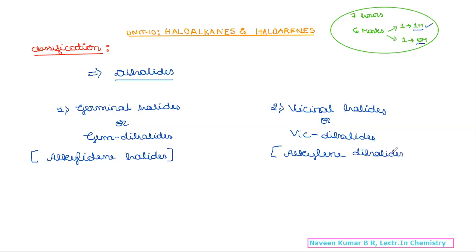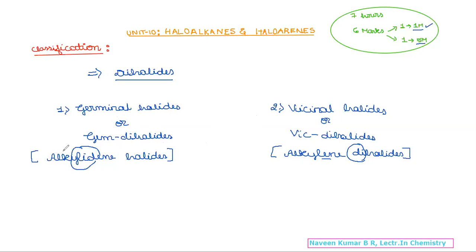So this is the difference in their common names. Just observe this: it is alkylidene, whereas it is alkylene dihalide. This is the difference in their names to identify. Based on these names, we can give the exact IUPAC name of the compound, or we can classify them as gem or vicinal. So this will be an important competitive exam question. Try to practice this.